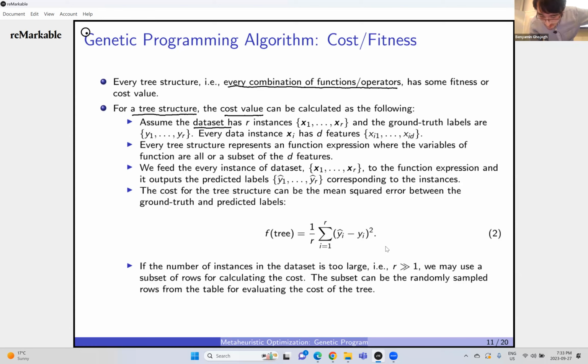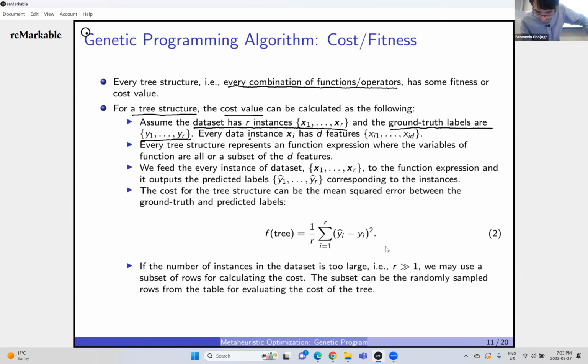Assume the data set has R instances, so R rows, x1 to xr, where each x is a vector that has some features. Agree? And the ground truth labels are y1 to yr. Here, the ground truth labels are scalar, meaning that my function's output should be scalar. You can make it more complicated, maybe functions which output a vector, but it becomes a bit complicated.